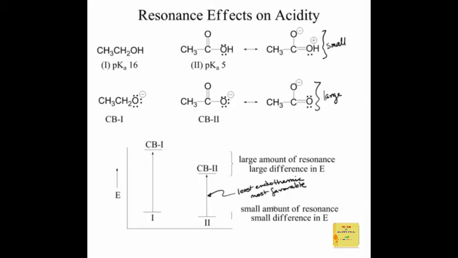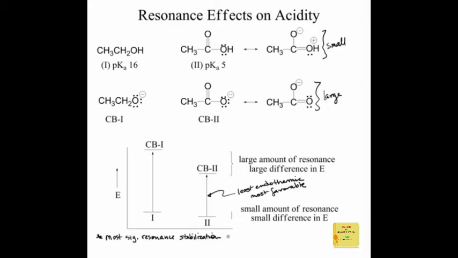So something to bear in mind is that the most significant resonance stabilization that we can look for is a way to delocalize the negative charge of the conjugate base. We want to be able to move that conjugate base around.